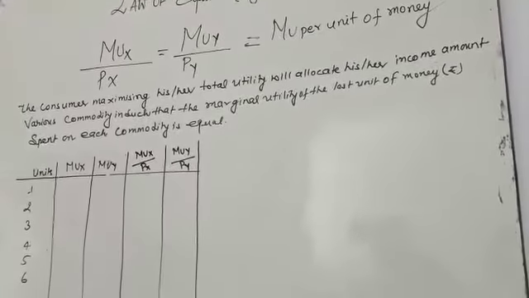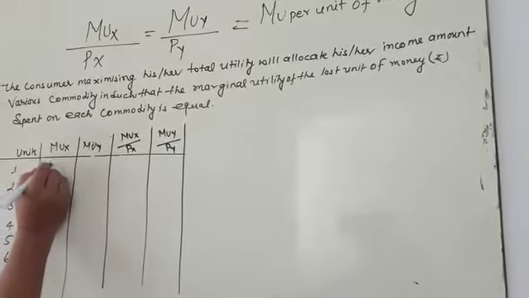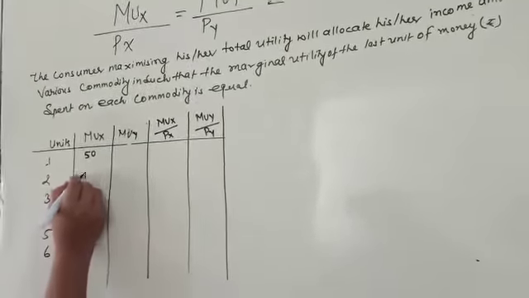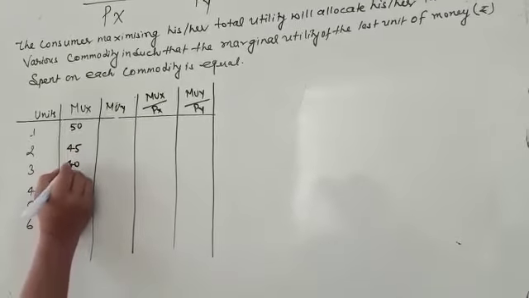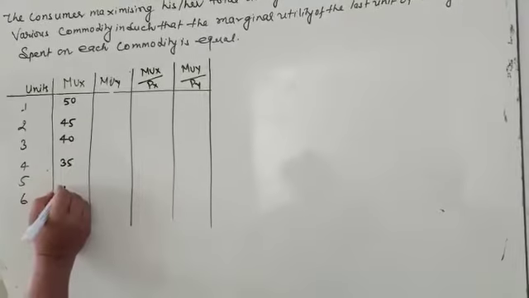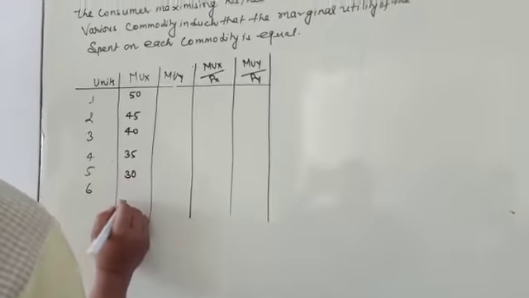Here it is a situation where the consumer is going to spend a certain amount. Suppose he is going to spend 50. So for one commodity, MUX is equal to 50, 45, 40, 35, 30 and 25.